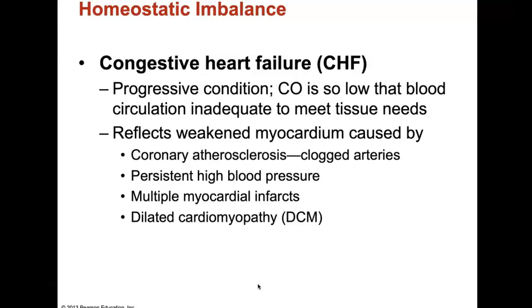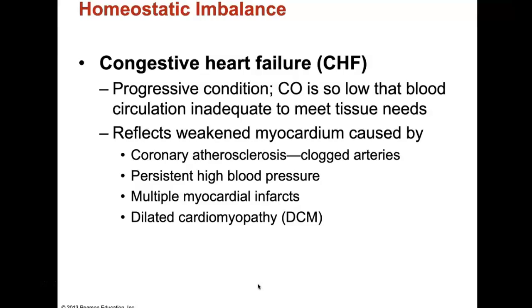And finally, let's move over and talk about the homeostatic imbalance of cardiac output, which is congestive heart failure. This is a condition in which the heart is such an inefficient pump that blood circulation is inadequate to meet tissue needs. This progressively worsening disorder reflects weakening of the myocardium by various conditions that damage it in different ways. The most common causes of CHF include coronary atherosclerosis, which is essentially fatty buildup that clogs the coronary arteries.